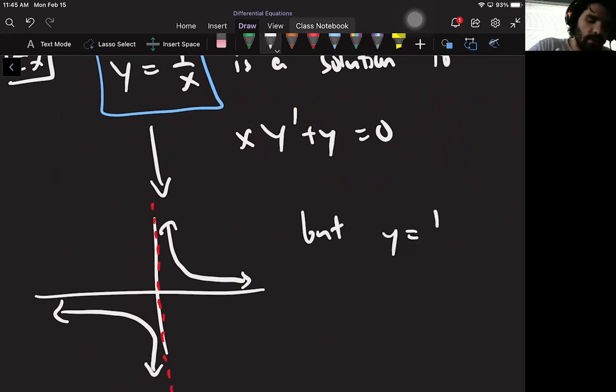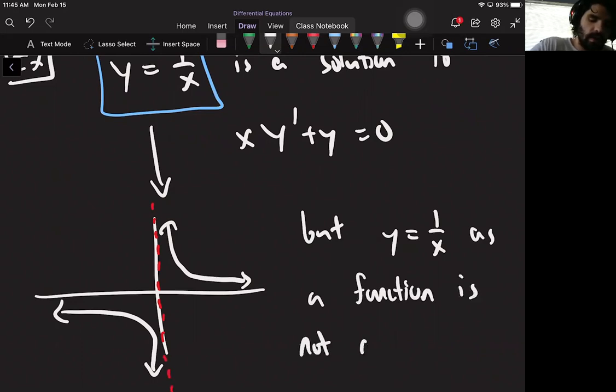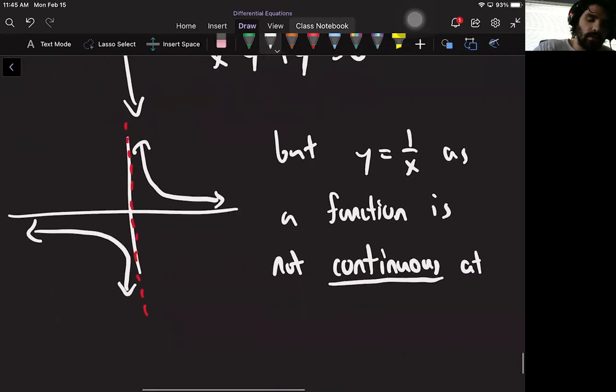So it is a solution to the differential equation, but this thing as a function, just in a vacuum as its own thing, is not, the fancy word is continuous, at 0. It's also not differentiable, another fancy word, which just means it doesn't have a derivative there.